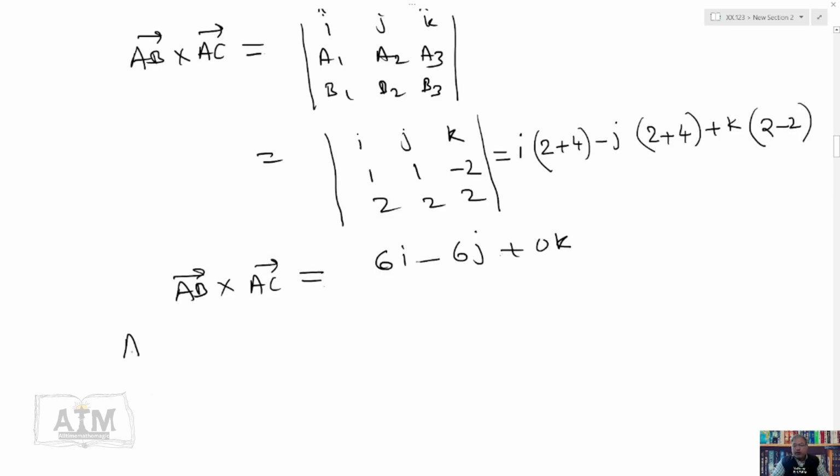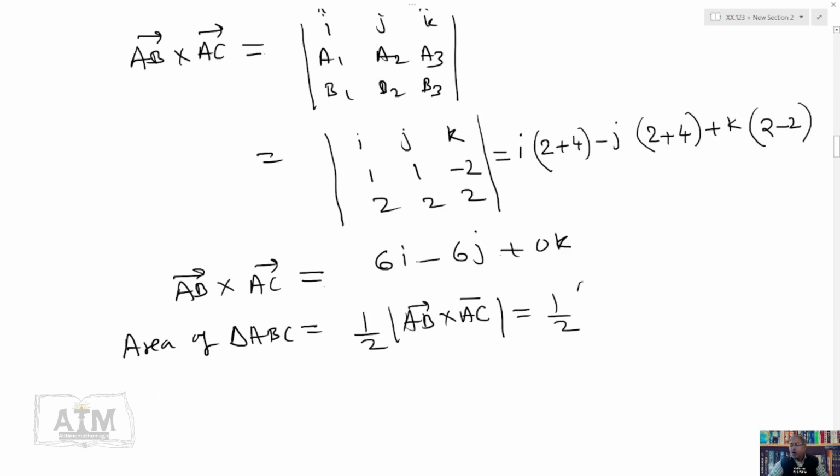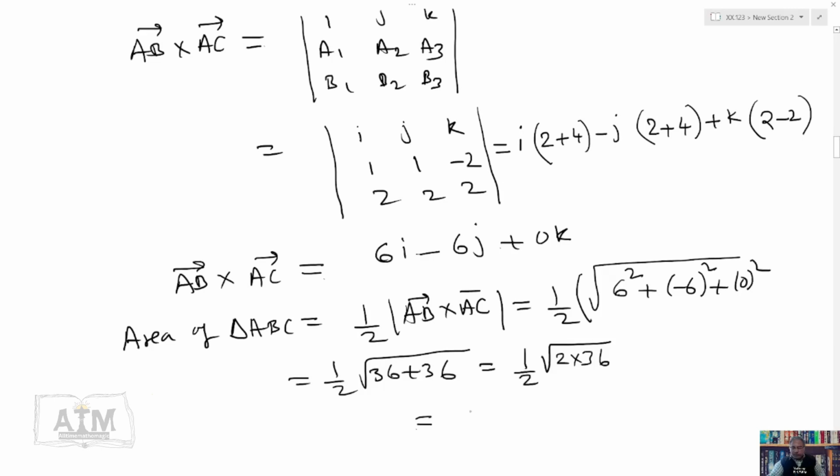Now the area of triangle ABC equals half into the magnitude of AB cross AC, that is half into the square root of 6 square plus minus 6 square plus 0 square, which is equal to 6 root 2 upon 2.